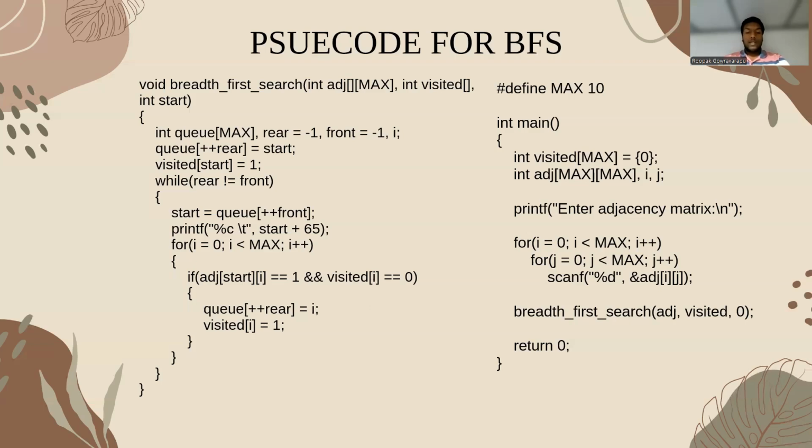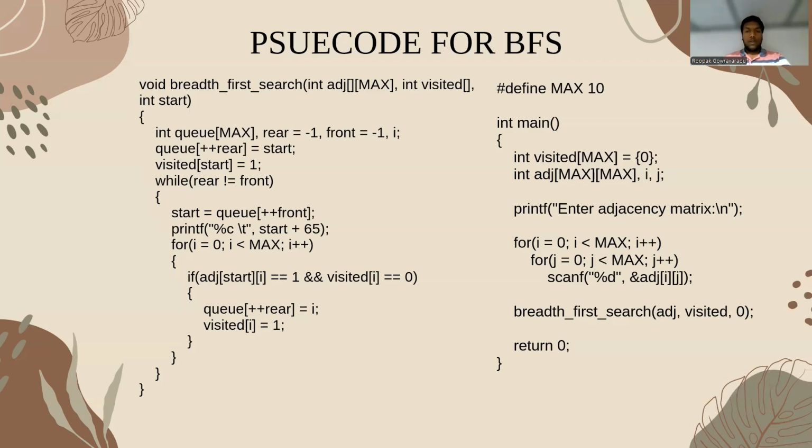Then we print enter adjacency matrix and use nested loops, for int i = 0, i < max, i++, and for z = 0, z < max, z++, to take each value of the matrix. After filling the matrix, the line breadth first search(adjacency, visited, 0) calls the BFS function and starts the traversal from node 0. Finally, it returns 0 and stops the program.